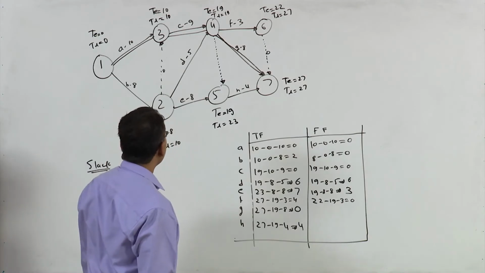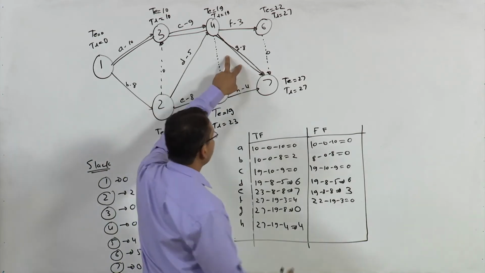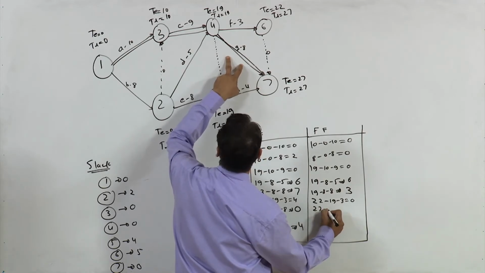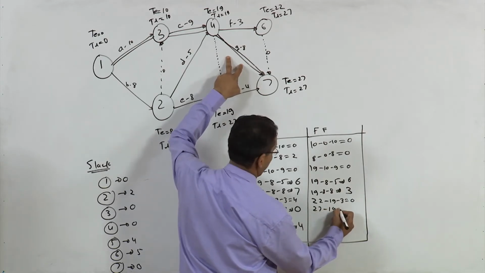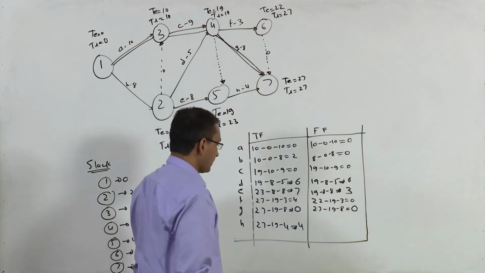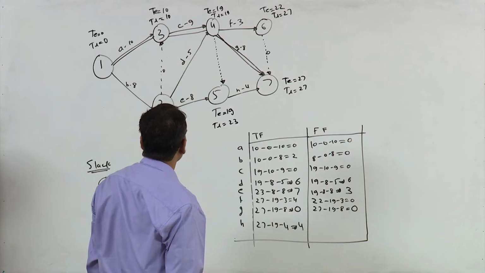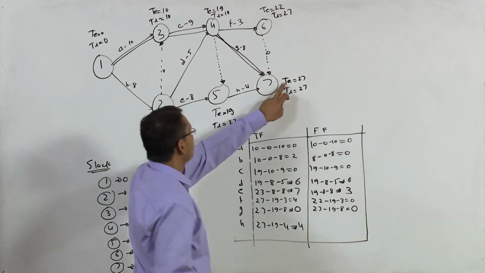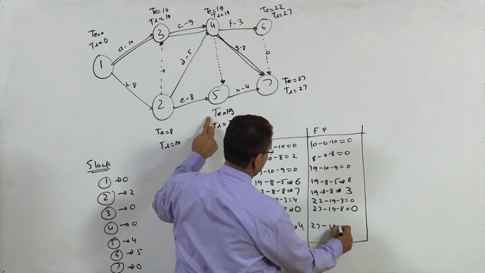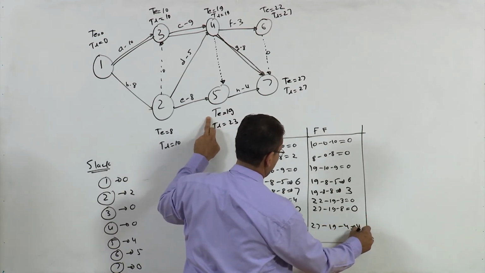For activity G, you have 27 minus 19 minus 8, so this is 0. For activity H, it is 27 minus 19 minus 4, this is 4.